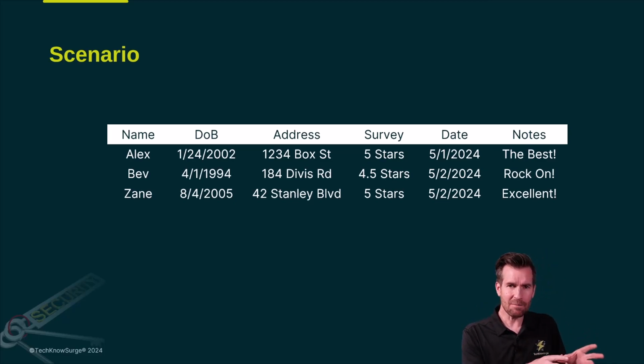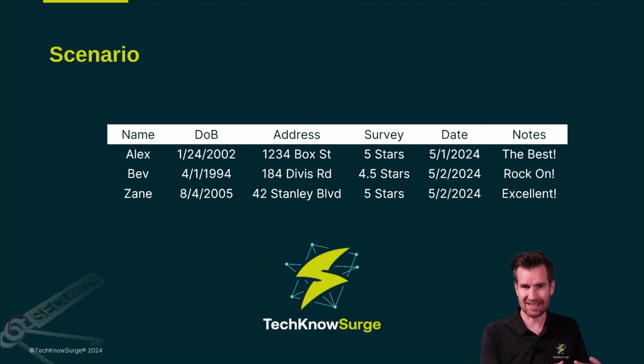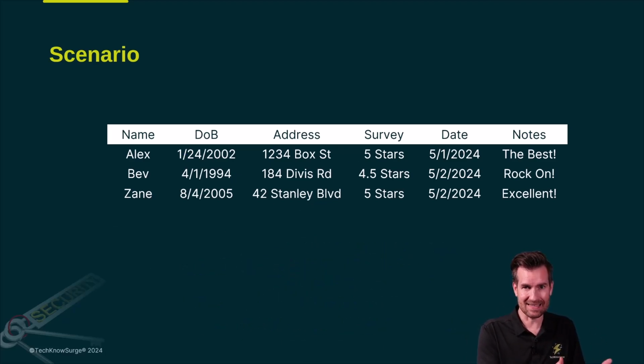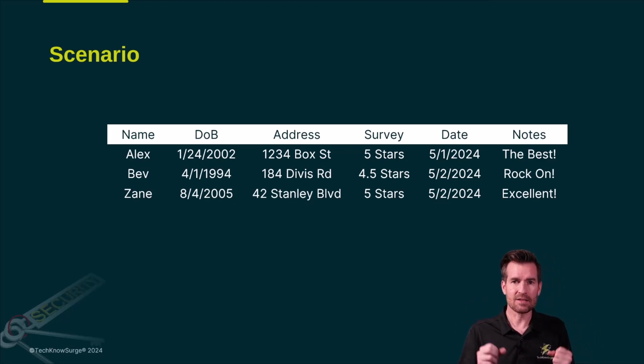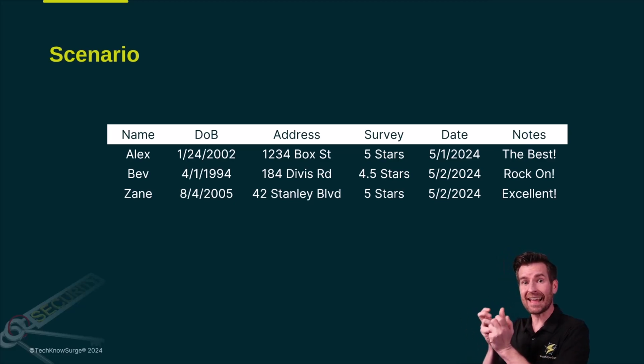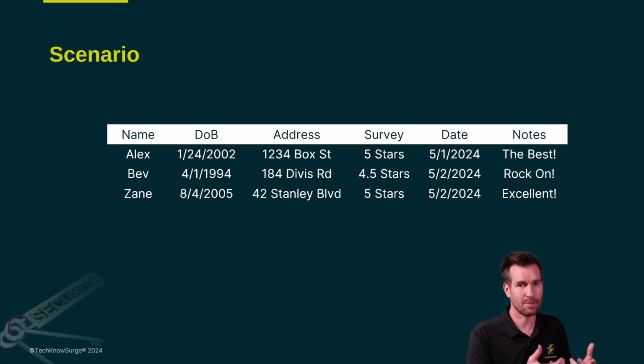But the problem is, if we don't have actual data on our development system, then it's really hard to do testing accurately. So we want data on our development databases, data that's going to be really close to what our production system has. So we're going to take a copy of our production data and move it to our development environment.